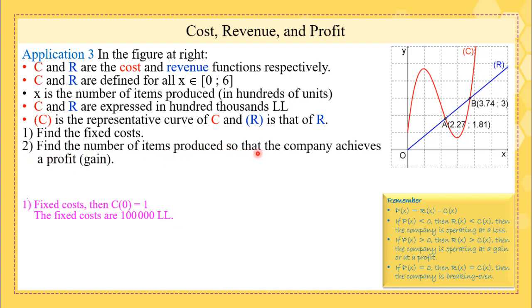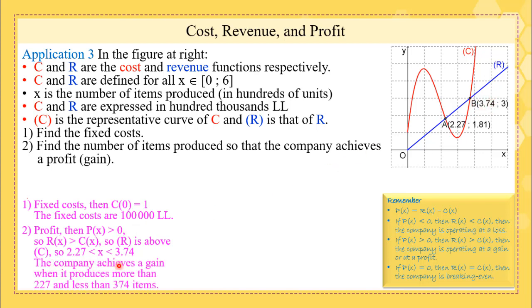2. Find the number of items produced so that the company achieves a profit or gain. The company achieves a profit, then P of x greater than 0, so R of x greater than C of x. Means that the curve R must be above the curve C, and this holds true for x between 2.27 and 3.74.